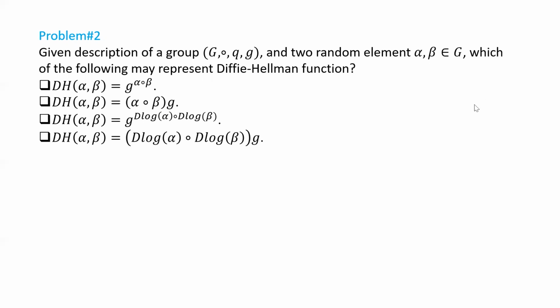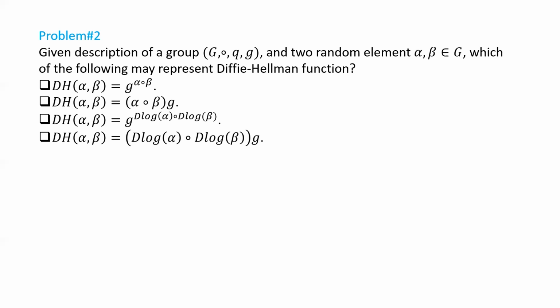You are multiplying g with itself i minus 1 number of times. So let's say g cube means g into g into g. So this binary operator is being applied twice. So g to the power i is applying the binary operator on g itself i minus 1 number of times.